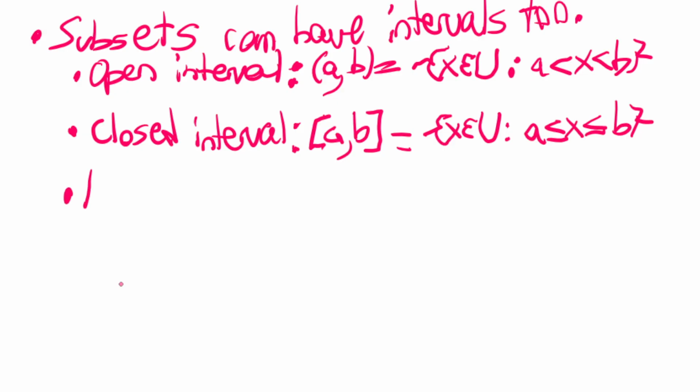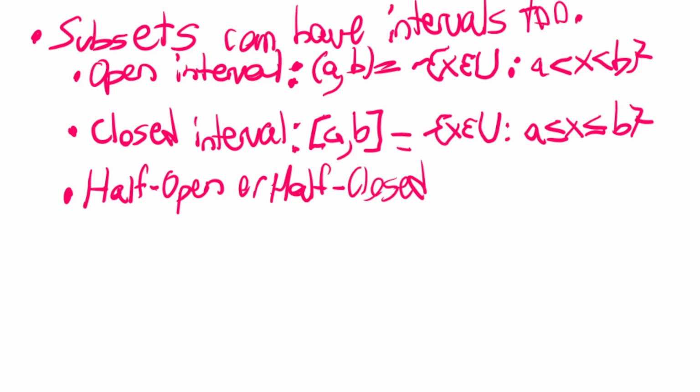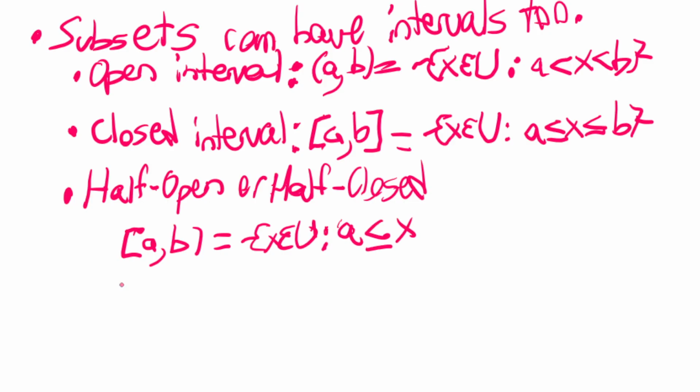Or they could be half open or half closed. So for example, for this half open set, it's defined by x as an element of the universal set, where a is less than or equal to x, which is less than b.